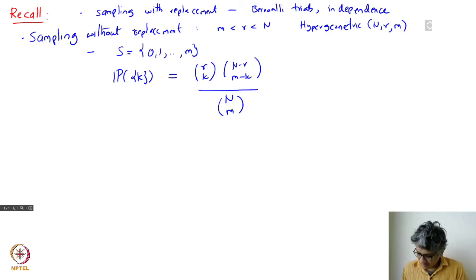So now let me just play with this formula a little bit. Let's start for today. So this formula, you can rewrite in the following form. Let me write it down.